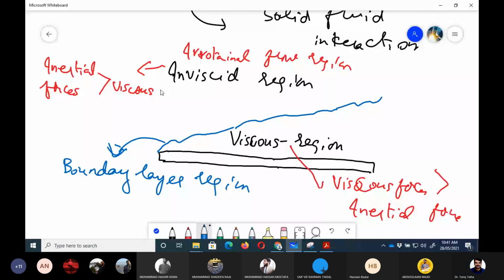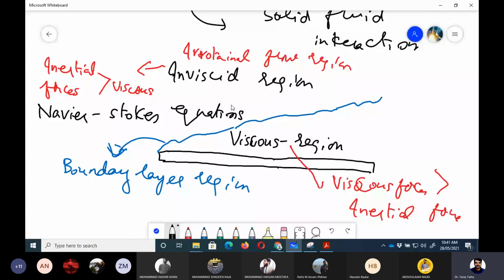If you remember, in chapter number 6, which was the first chapter, we derived Navier-Stokes equations. So they are applicable everywhere, but in the boundary layer region, these equations are simplified so that we can get the solution easily. So we will discuss in this class how we can derive the boundary layer equation from the Navier-Stokes equations, and what are the parameters which characterize the boundary layer region.